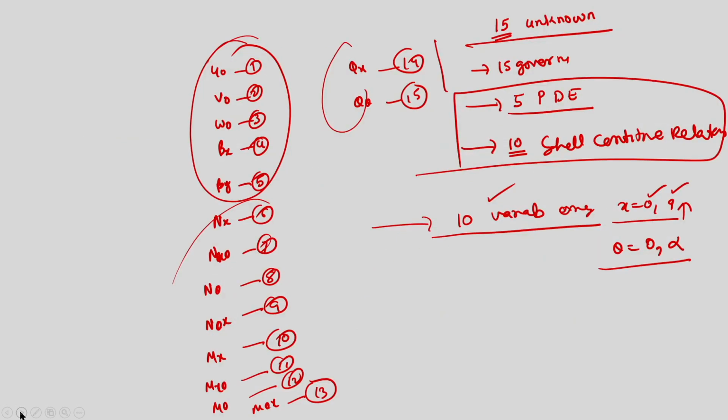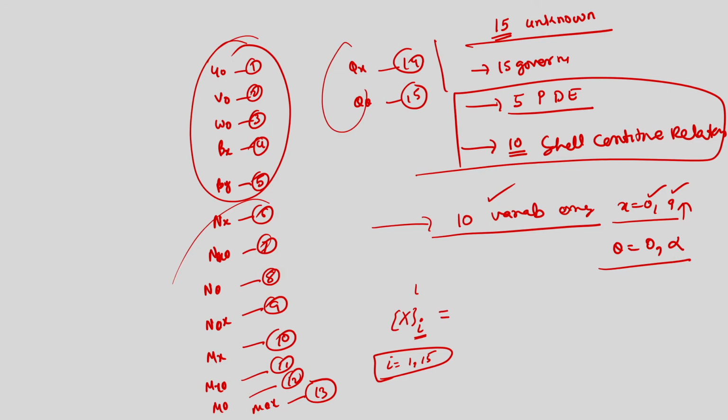Then how do we proceed for the case of the Kantorovich method? Here x_i is a state variable, and i goes from 1 to 15; x_1 means u0, 2 means v0, and so on.